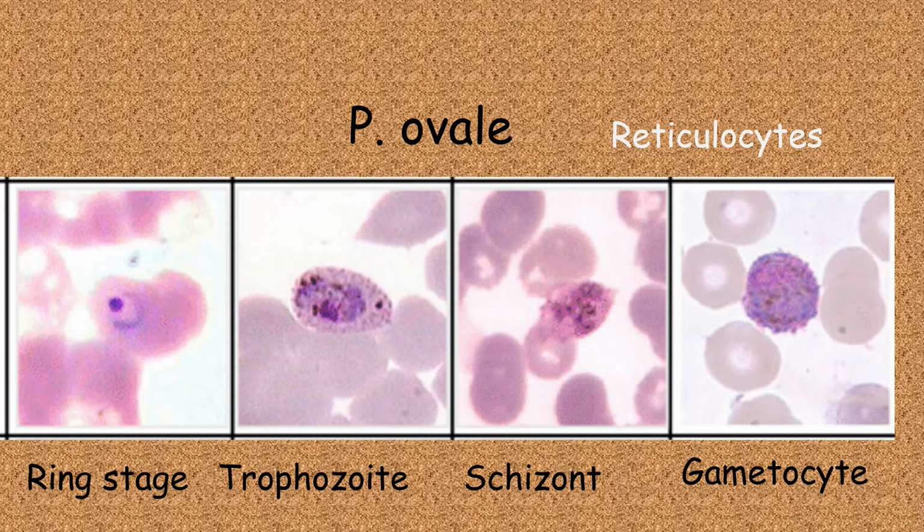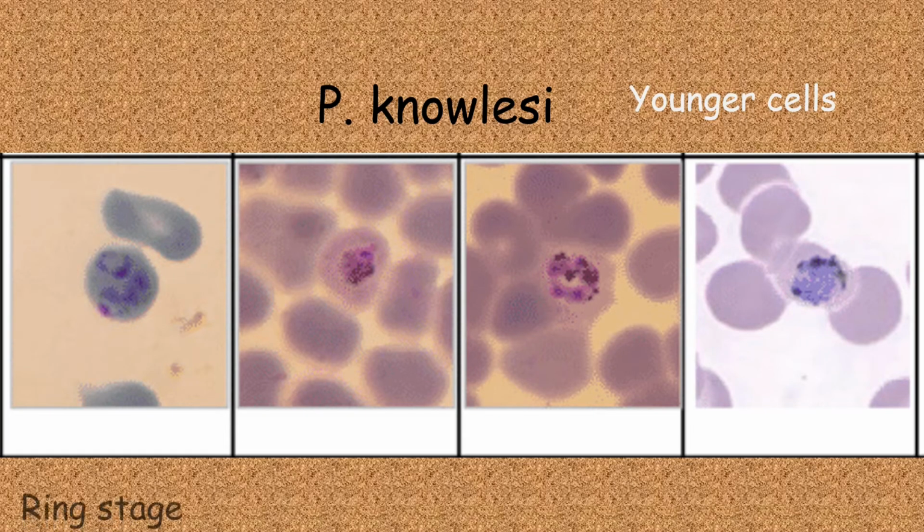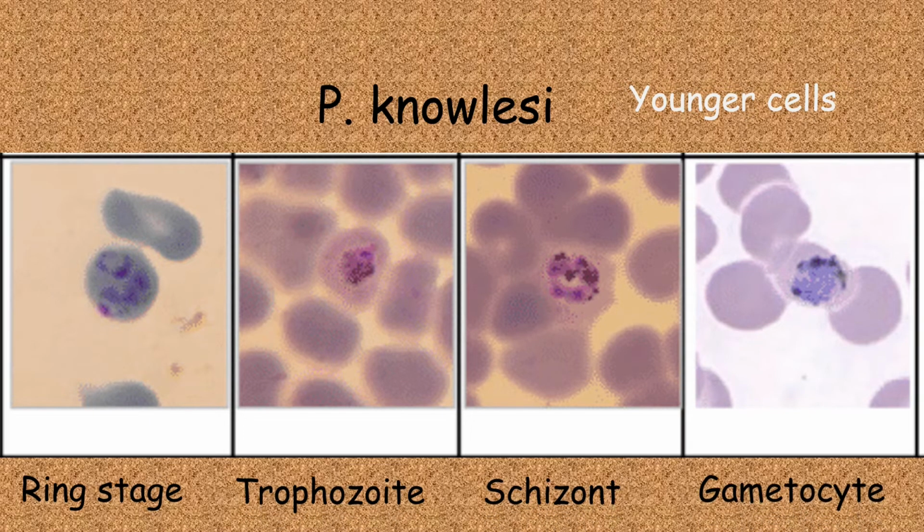Next, what you see is the blood picture of Plasmodium knowlesi infection. It also prefers to infect young red blood cells. The first one is the ring stage, where you can see double chromatin dots just like falciparum malaria. Rest of the blood picture is similar to Plasmodium malariae infection.